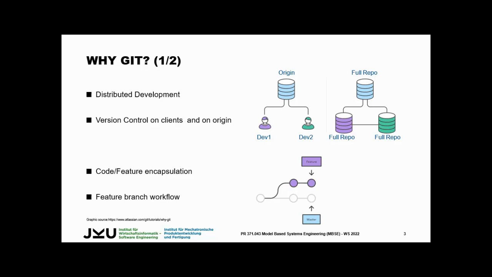Then you make 2 branches, where the one group is working on feature A and the other group is working on feature B. And finally, when they are finished with their development, they can merge it to the master branch and say, okay, now feature A is fully implemented, feature B is fully implemented, and now you have the whole version again in the master branch of your project. So this is another possibility for using Git.